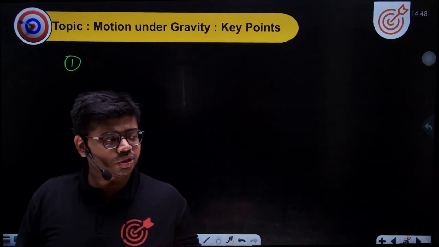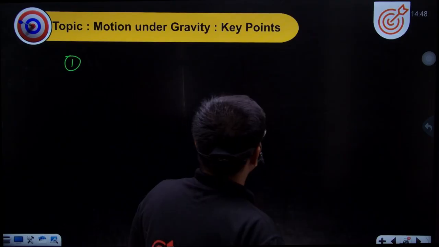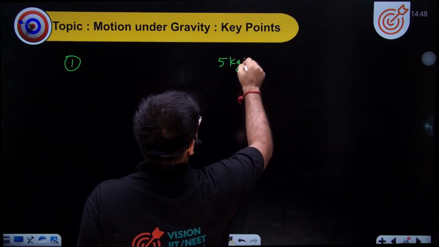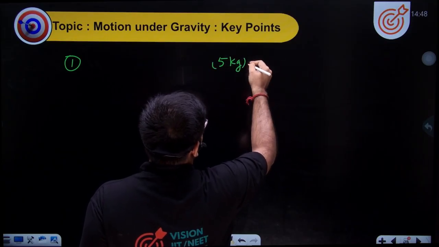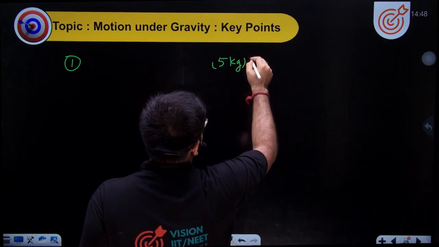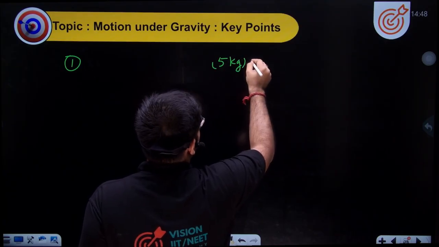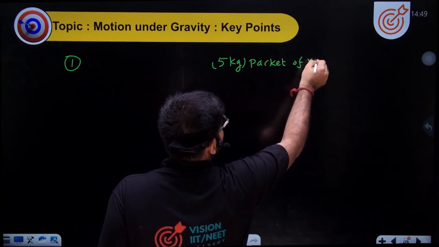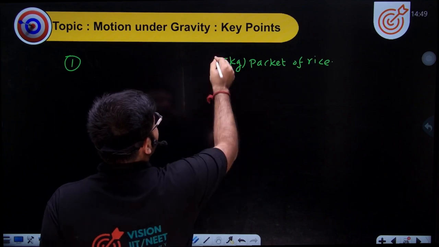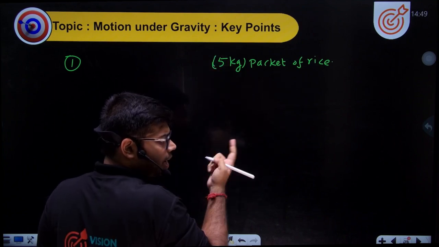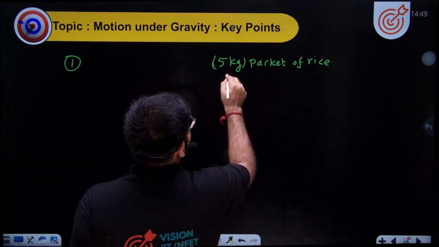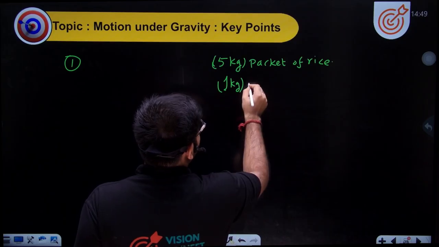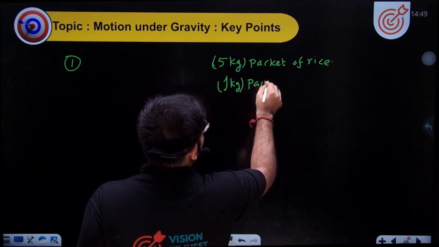Suppose you have thrown a 5 kg packet of rice, and on the other hand you have thrown a 1 kg packet of cotton.